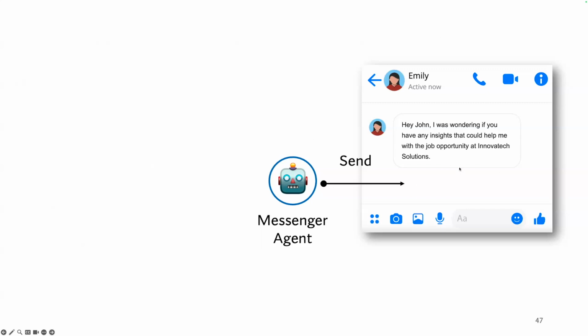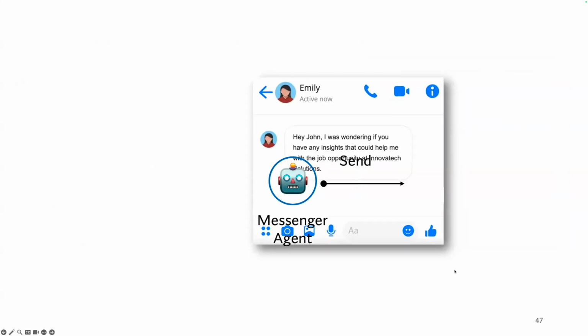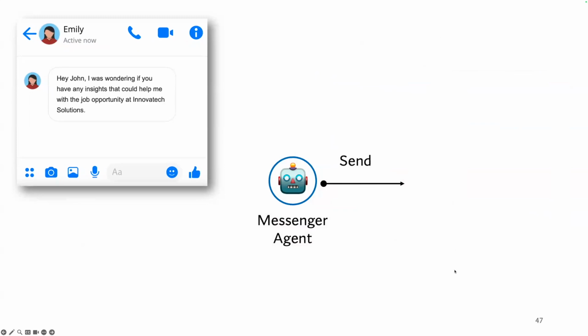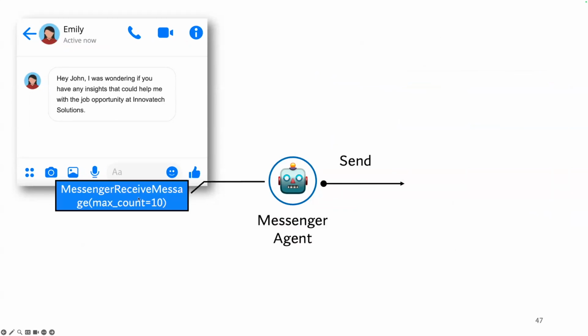Emily basically asks you, "Hi, John, I'm wondering if you have any insights." And what your messenger agent is going to do is look at all the recent chatting histories, do a lot of retrieval, and then decide what to reply to Emily.